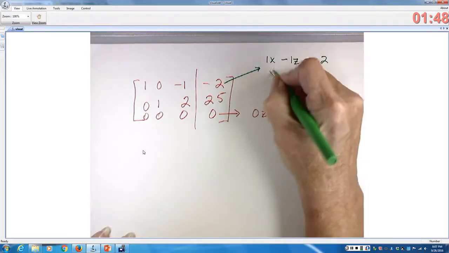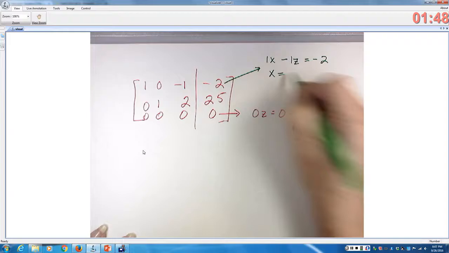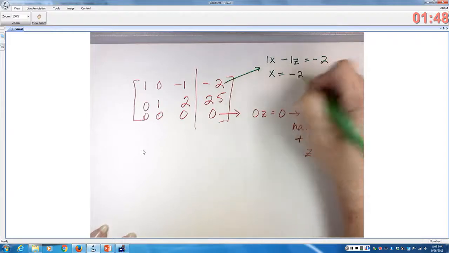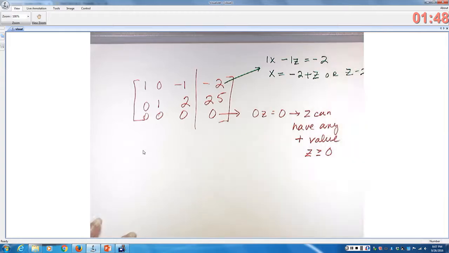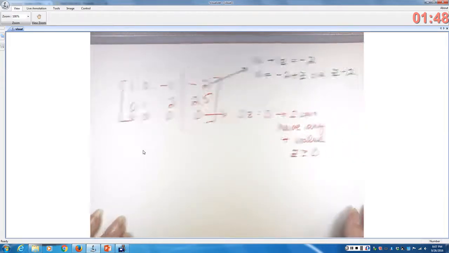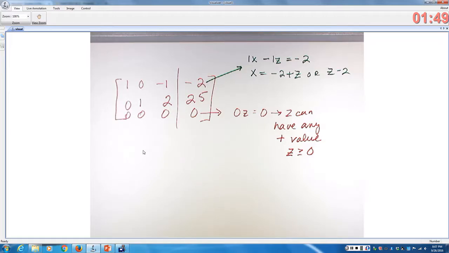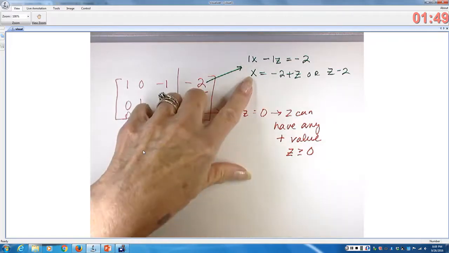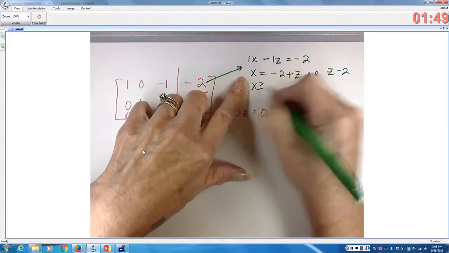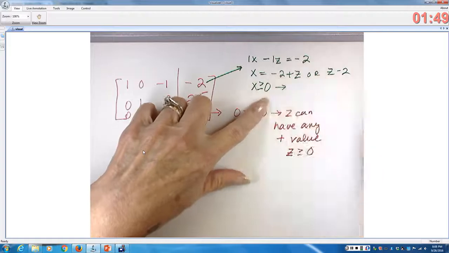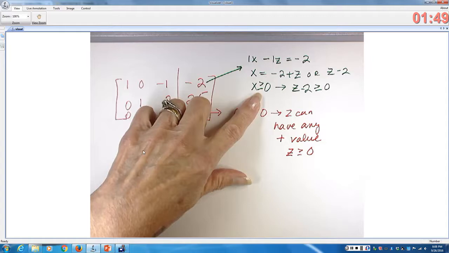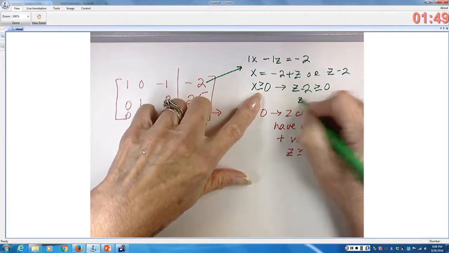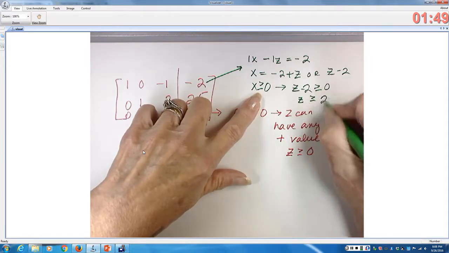So if I solve that for X, X has to be equal to -2 plus Z, or Z minus 2. Either way you want to write it. That makes sense? Okay. Now, can you sell a negative number of these sodas? No, X also has to be greater than or equal to 0. So that means that Z minus 2 has to be greater than or equal to 0. And that means that Z then has to be equal to or greater than 2.